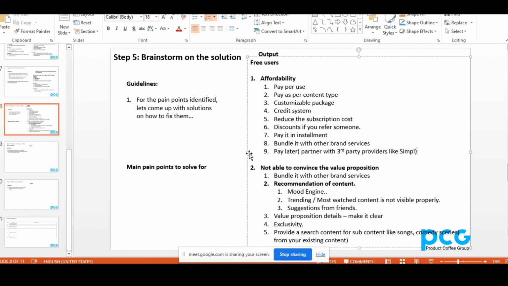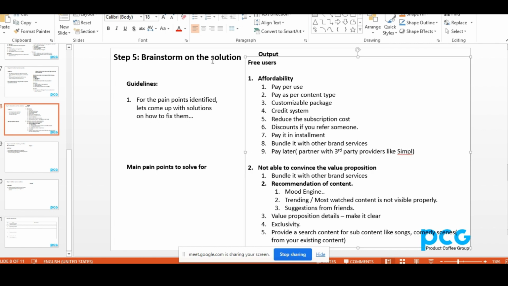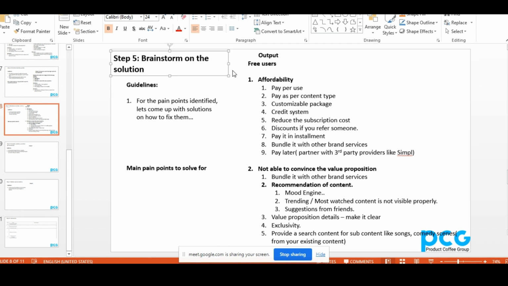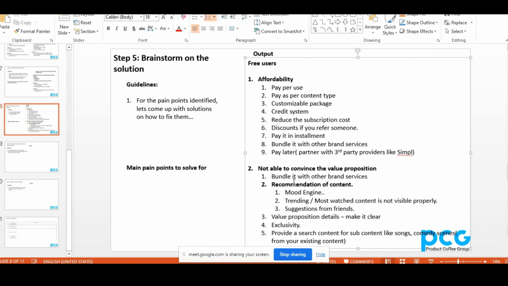Now coming to the value proposition bit, the value proposition is very simple, right? First thing is, I should be able to convince you about the value proposition. So I need an outlet through which I can show you my value. One way could be sampling.